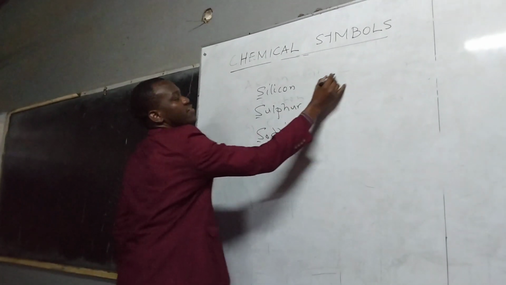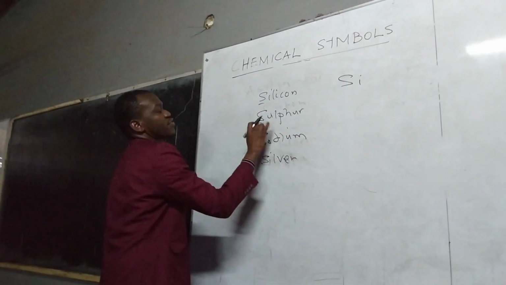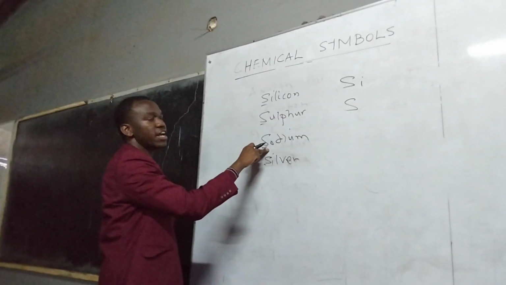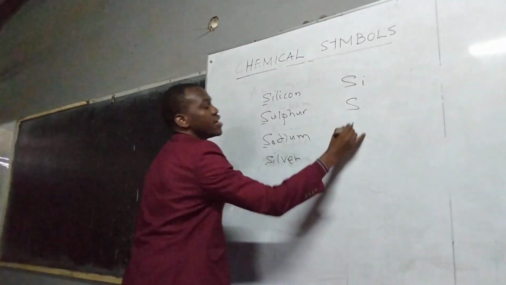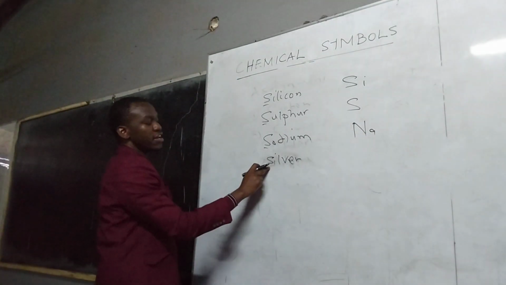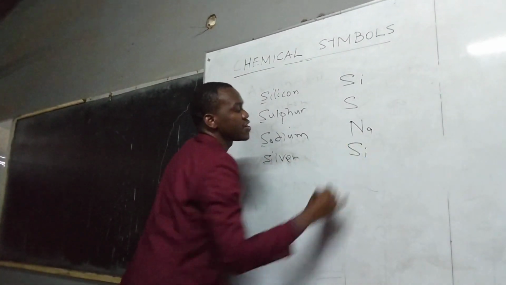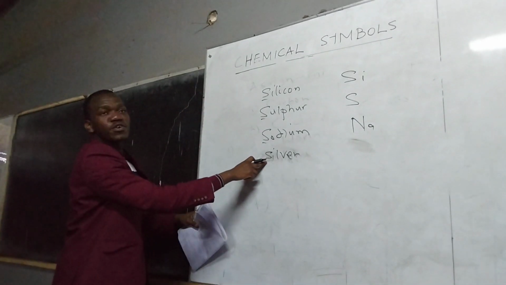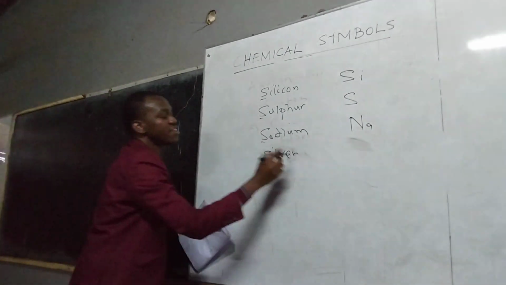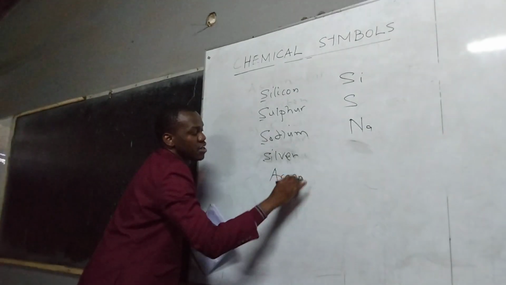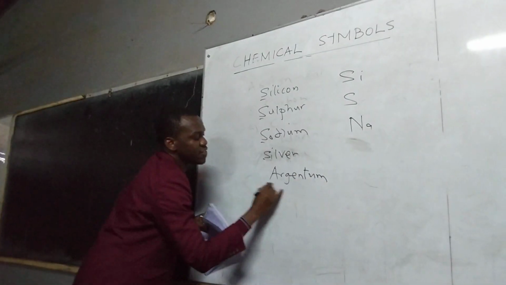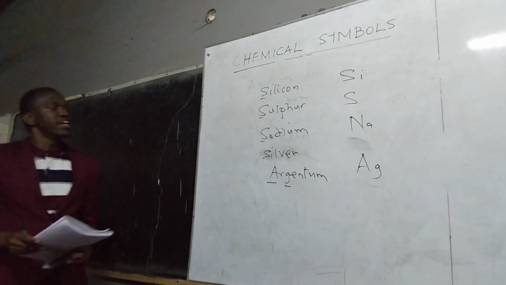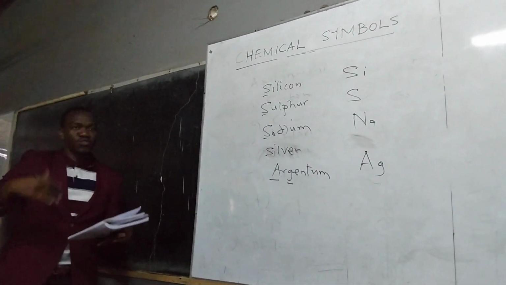For silicon, it is Si. For sulfur, it is S. For sodium, we took from the Latin name, natrium, so Na. And silver, we take from the Latin name called argentum, that is A and G. So those are the chemical symbols. You need to do a lot of practice.